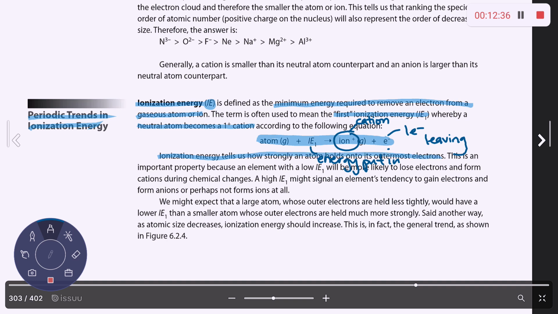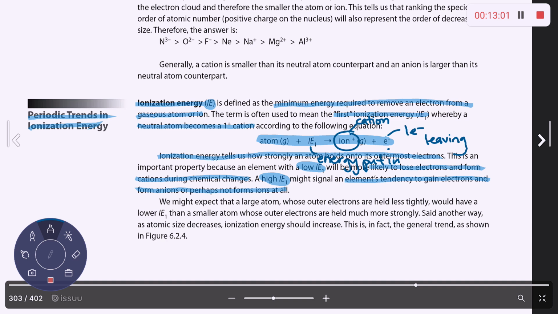It's really important to know because a low first ionization energy tells us that something will likely lose electrons and form a cation when a chemical change happens, okay? If you have a high first ionization energy, that means that element would rather gain electrons and form an anion if it wants to form an anion at all, okay?